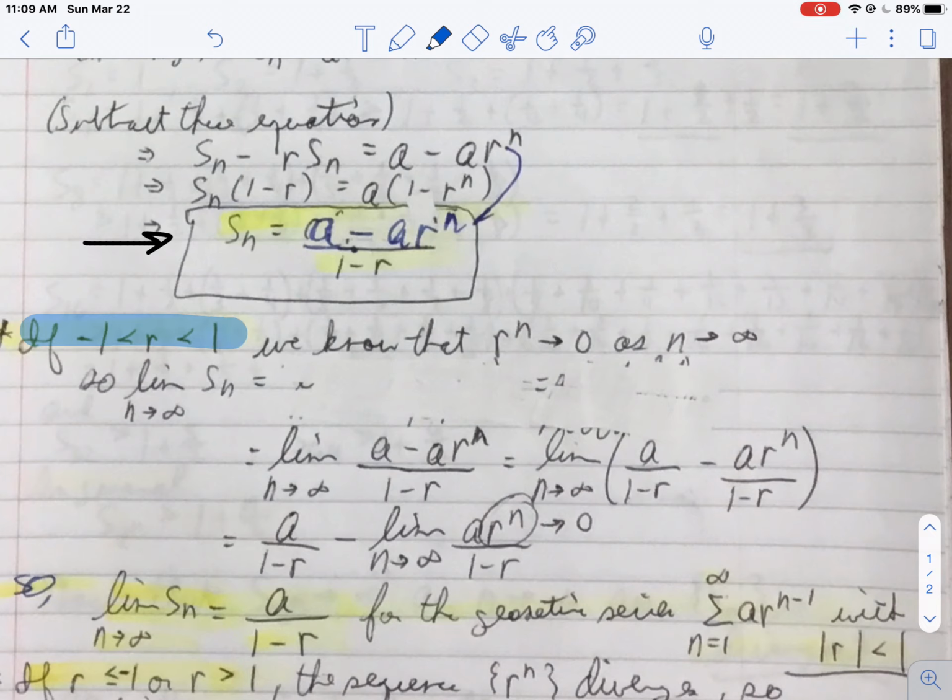So, okay, let's look at what happens there, because we had a little observation that we could base upon what we've seen before with r to the n. If I take that number between negative 1 and 1 and raise it to the nth power, r to the n approaches 0 as n approaches infinity. And so we looked at the limit as n approaches infinity of s of n, and we went through that little rewriting of it.